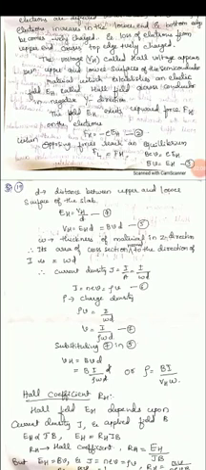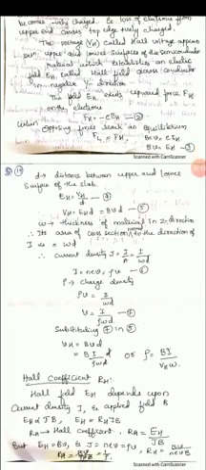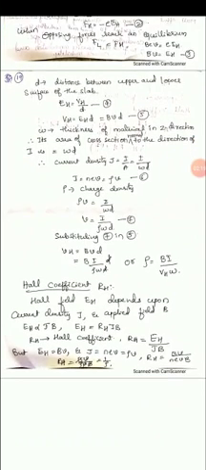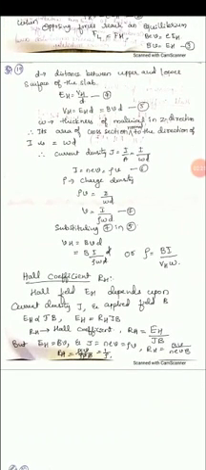Therefore, B e V is equal to e EH, or BV is equal to EH. D is the distance between the upper and lower surfaces of the slab. So EH is equal to VH divided by D, and VH is equal to EH into D, which is BV into D.